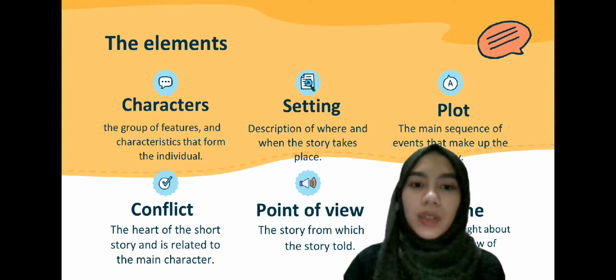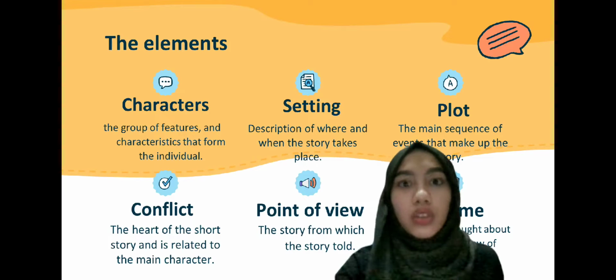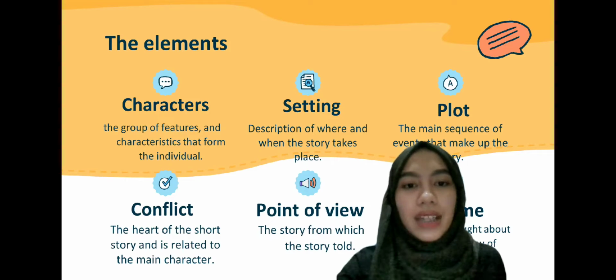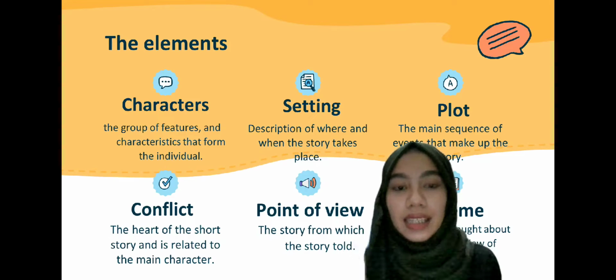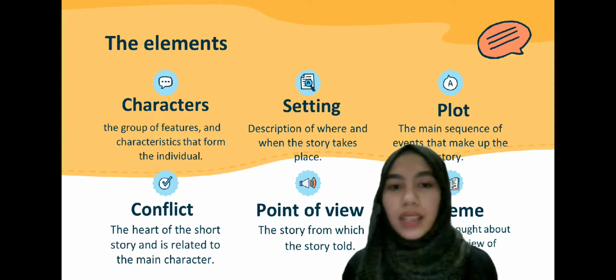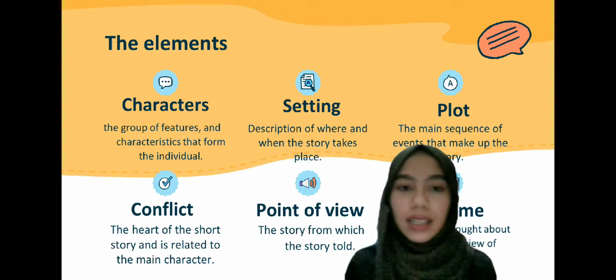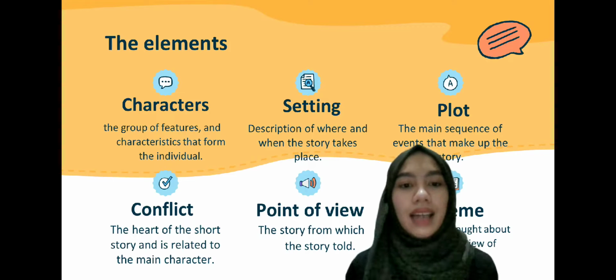There are 6 different types of conflict you can use to profile your story. First is character versus self, second is character versus character, character versus society, character versus supernatural, and last, character versus technology.